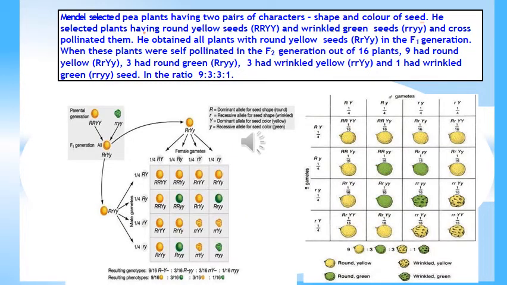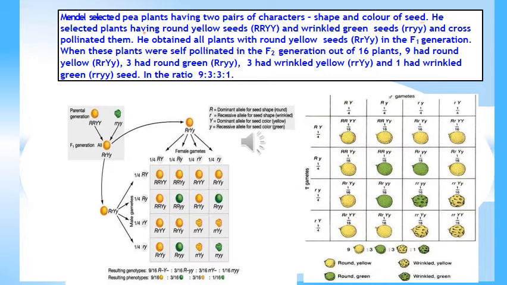Mendel selected pea plants having two pairs of characters, shape and color of seed. He selected plants having round yellow seeds and wrinkled green seeds, as we have discussed in the previous slide, and cross-pollinated them. He obtained all plants with round yellow seeds. Why? Because these are the dominant traits in F1 generation.